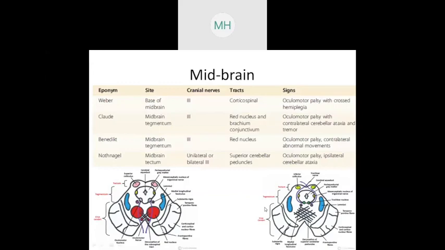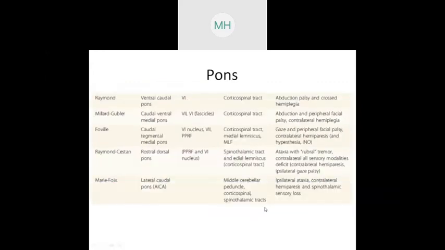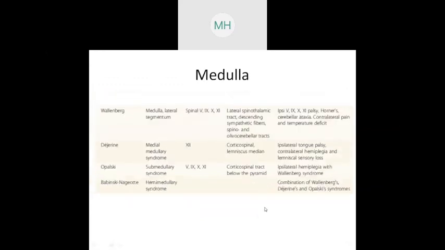The best way to settle this problem is to know which cranial nerve is at what level. Midbrain is usually 3 and 4, pons 5, 7, 6, and then medulla 11, 12, 9, 10. So the eponym might not be so important, but the localization of the lesion is more important.